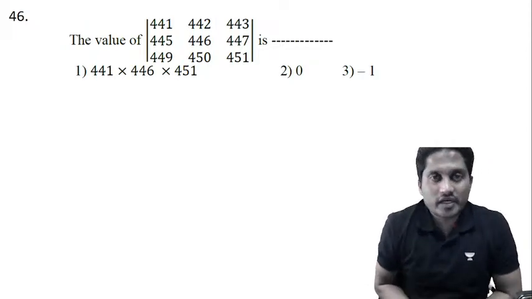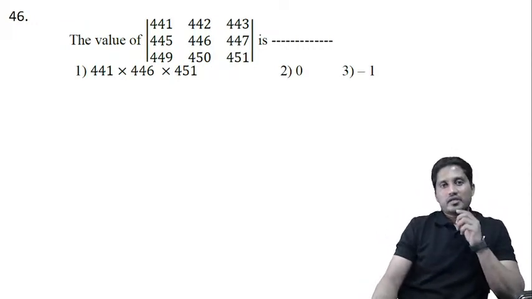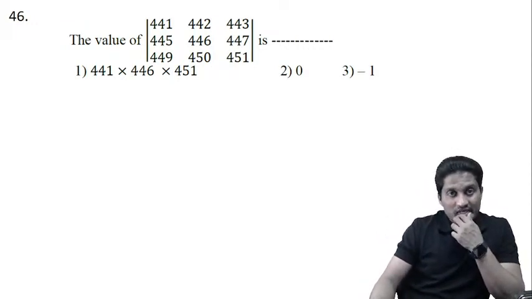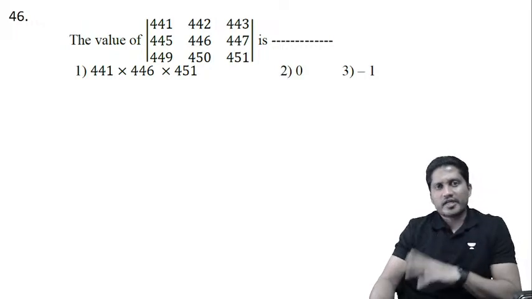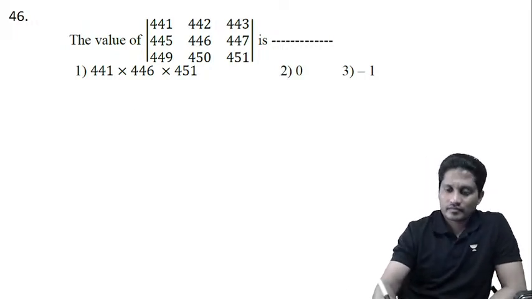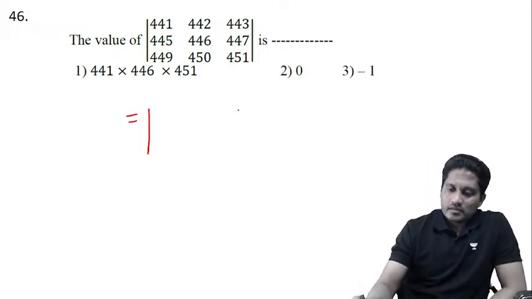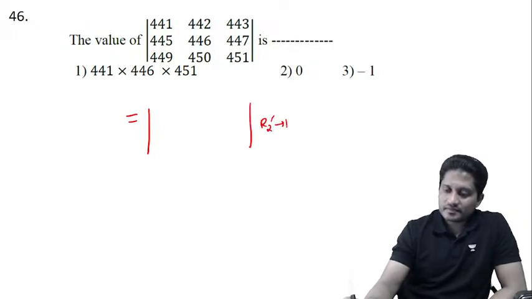I told you, whenever the numbers in a determinant are arranged in AP, the value of the determinant is always 0. Suppose I take the determinant and change R2 to R2 minus R1. The first row is 441, so the second is 442, and this is 443.